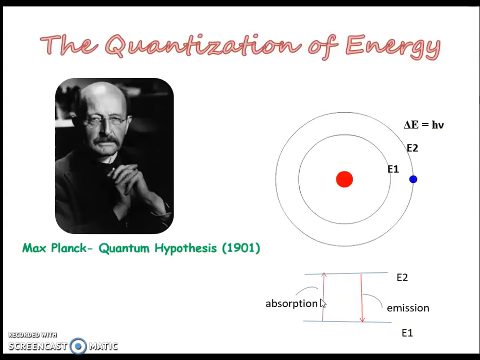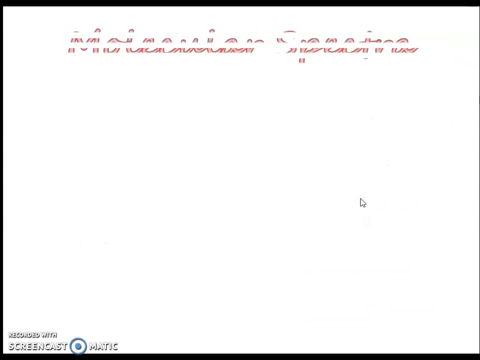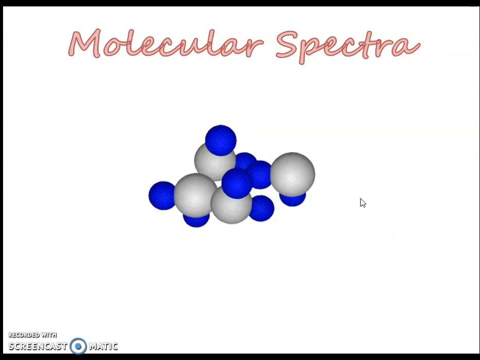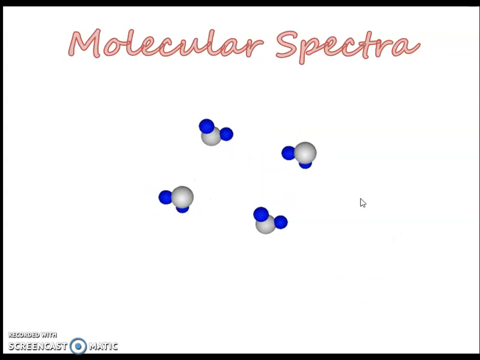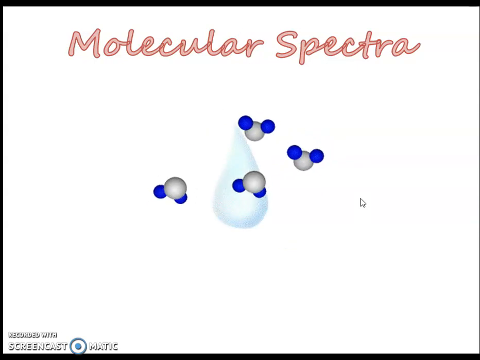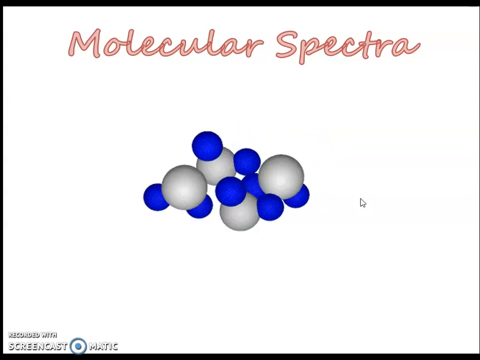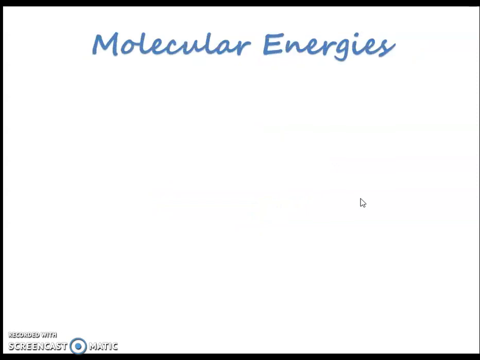In contrast to atomic spectra, which arise from the transition of an electron between atomic energy levels, the molecular spectra arise by different types of transitions. Let us illustrate these transitions with reference to a diatomic molecule.